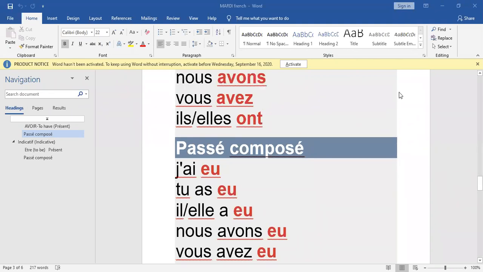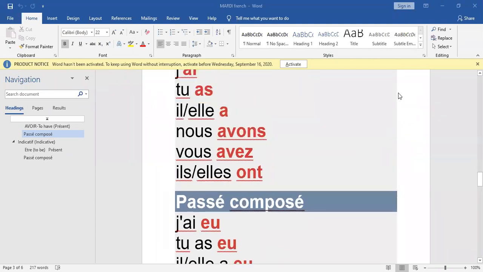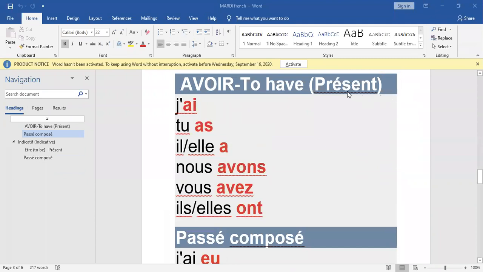Okay, please copy. Starting from the present tense, have it on its own, the verb avoir, into present tense, so that you will not get confused. You should know that it is totally different from the verb être. We will also go into the verb être, which is the verb to be.